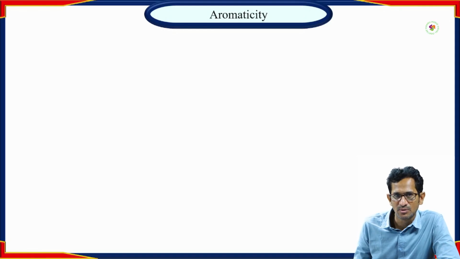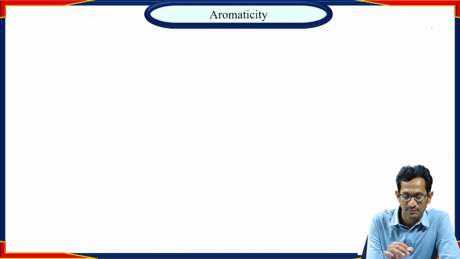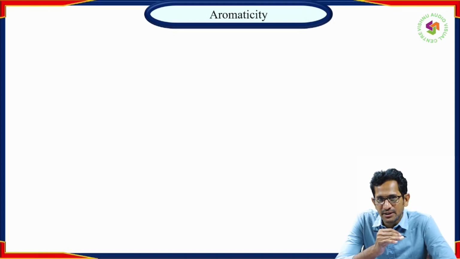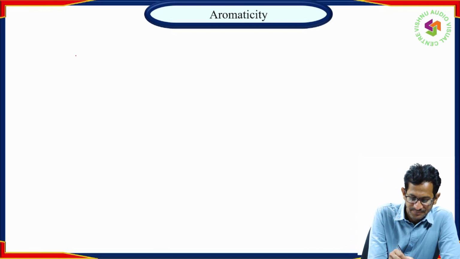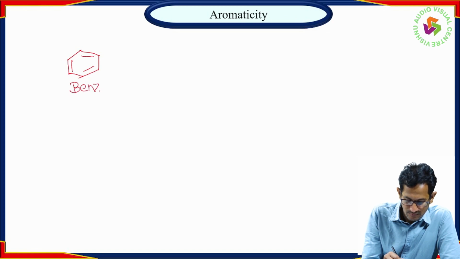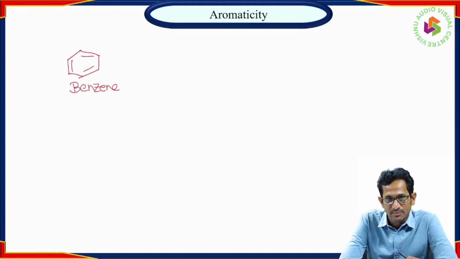First, we will discuss what an aromatic compound is and what an aliphatic compound is, with the structures. I will start with a very basic example, benzene, because if we talk about aromatic compounds, we start with benzene, the basic aromatic compound.